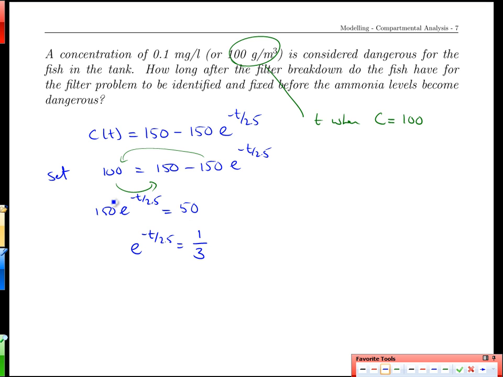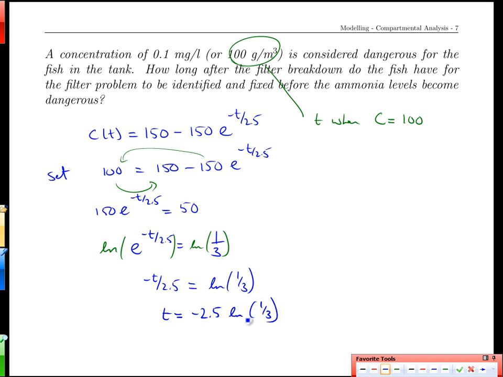Now let's move that over a hair, because our next step is going to be to try to get rid of this exponential. We want t, we've got an exponential of that. We're going to take the ln of both sides. And as we've seen in other examples, the ln and the exponential are inverses, so doing them both to the same input cancels them out, and we're left with the ln of 1/3 on the right. And last but not least, t is going to be minus 2.5 ln of 1/3.